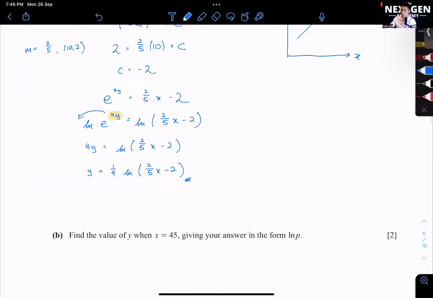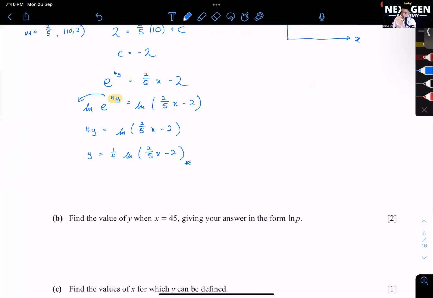Be careful when you do this because the next few questions will also be related to it. Find the value of y when x equals 45. Give your answer in the form ln p. When they say ln p, it needs to be ln something only. You cannot have any other values in front.